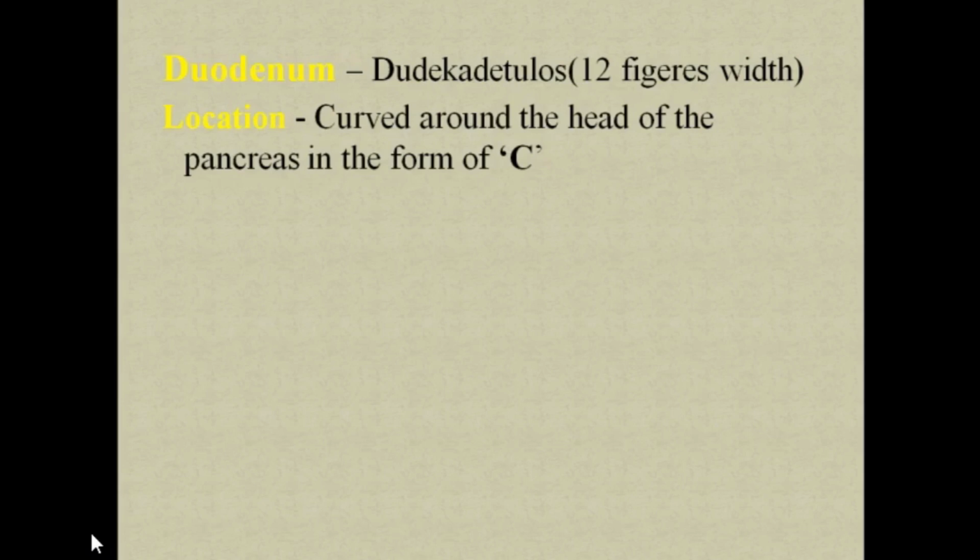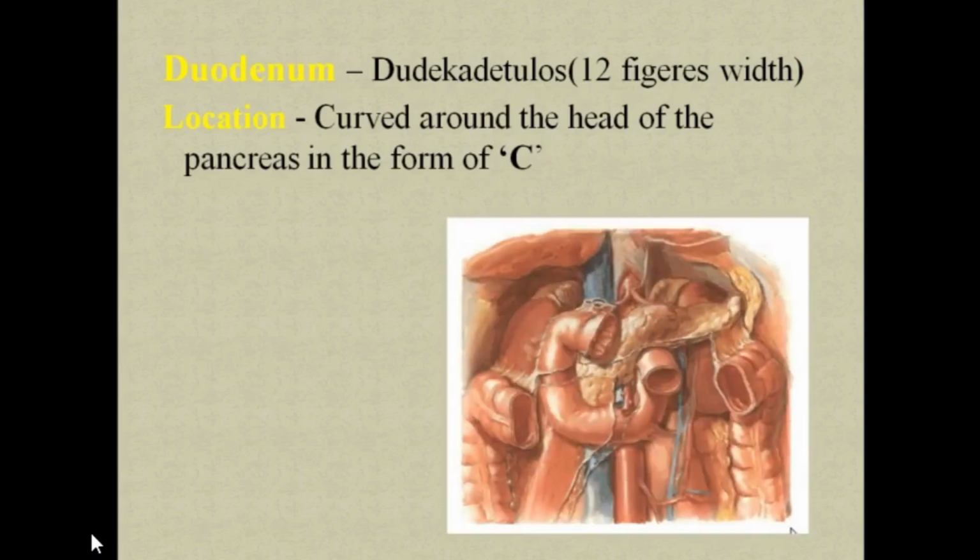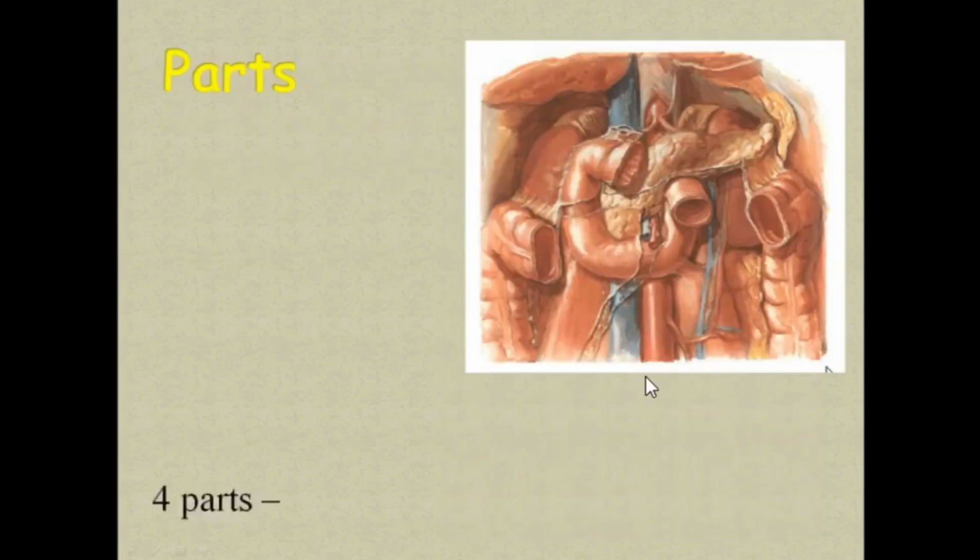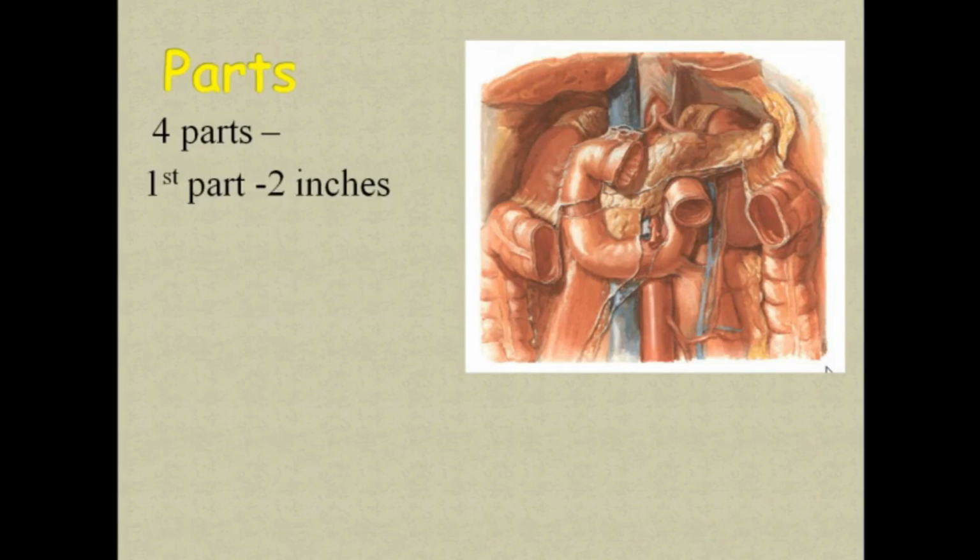Now talking about the location of this duodenum, it looks like a C-shaped curve which holds the head of pancreas in its concavity, and this is the duodenum we have in our body. It has four parts: first, second, third and fourth part. Each part has different measurements.